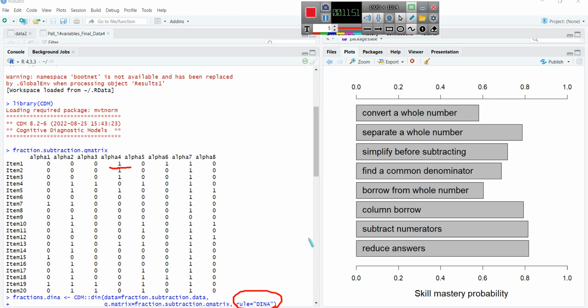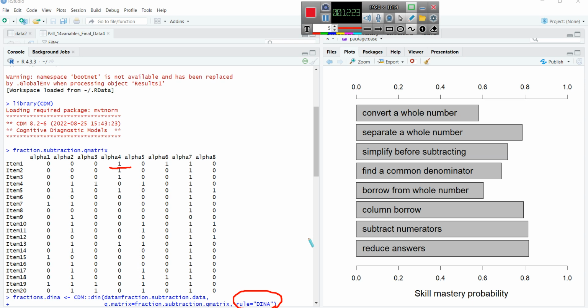In this case, for example, we are going to run the compensatory and non-compensatory models to first search for the optimum model, a non-compensatory model like DINA or a compensatory model like DINO.